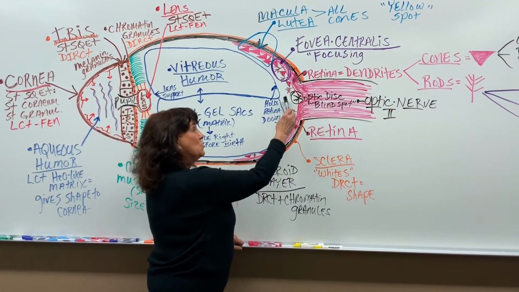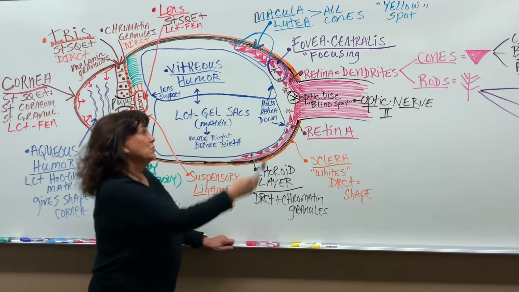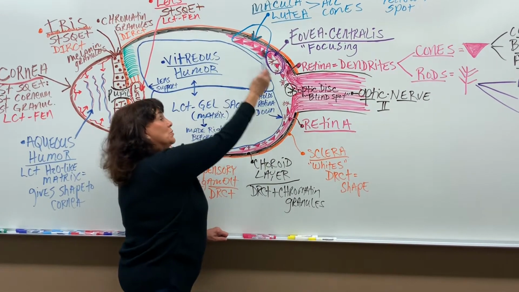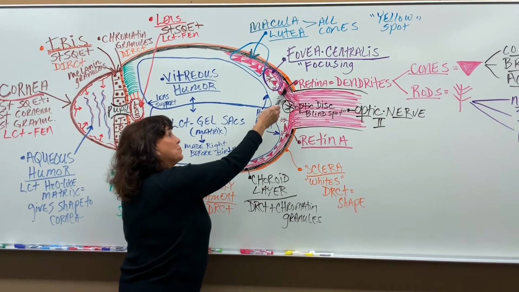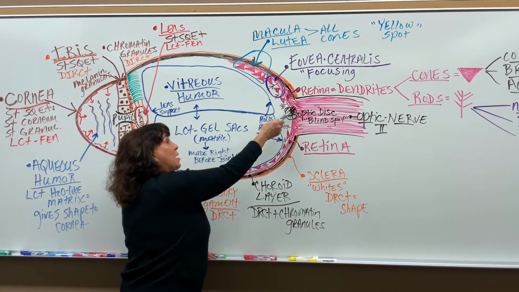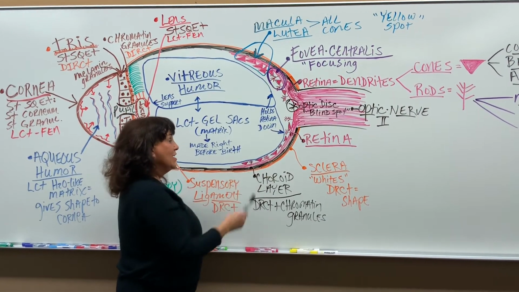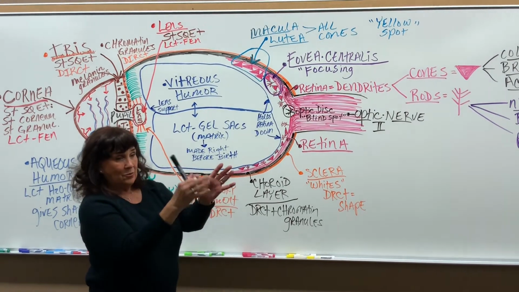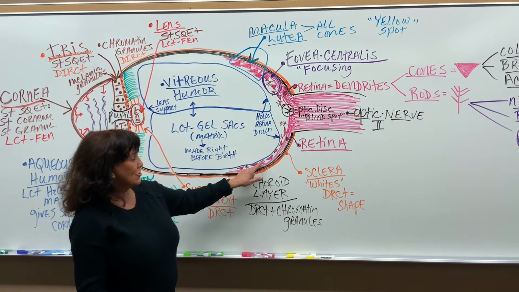And so there's no cones and rods right in that area. So the retina comes up. The retina is really the optic nerve that just splits. And so this pink tissue is the optic nerve coming up and going down right there. And then when it's split open, it's got these little projections off of it.